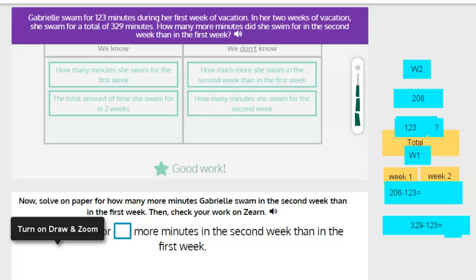Great. 206 minus 123 will give us a value of 83. So let's put it all together in a complete sentence. Gabrielle swam for 83 more minutes in the second week than she did in the first week.